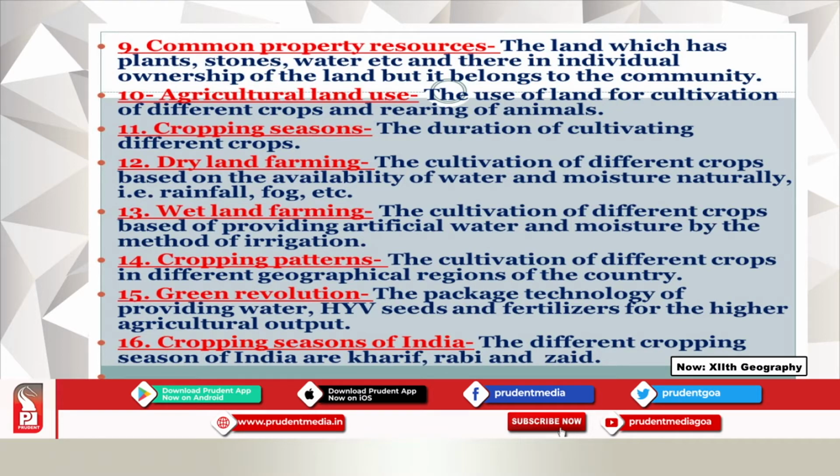Agricultural land use: the use of land for cultivation of different crops and rearing of animals. Cropping seasons: the duration of cultivation of different crops.